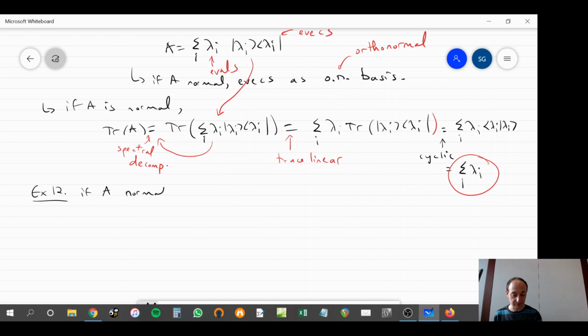Let's just say if A is normal, then prove to me that the rank of A is equal to the number of non-zero eigenvalues of A. So take a moment to do this exercise. It's very important. It will make sure you're comfortable with things like the spectral decomposition. Hint, hint, start with the spectral decomposition.